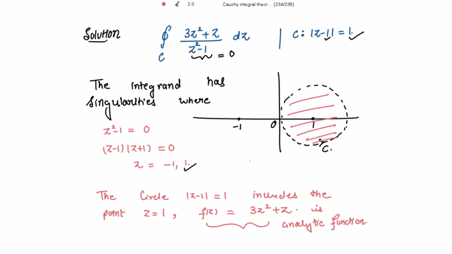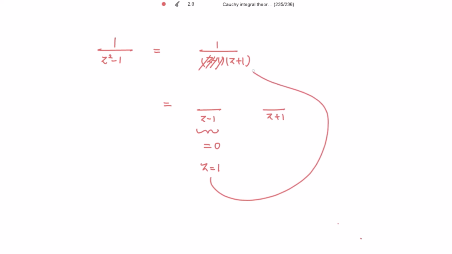Let's write the given integral, but before that, we have to make the partial fractions for this. This can be written as 1 divided by (z - 1)(z + 1). To make the partial fractions, just write here z - 1 and here z + 1. Considering this denominator, hide this from here, and putting this equal to 0, we get z = 1. Put this value over here.